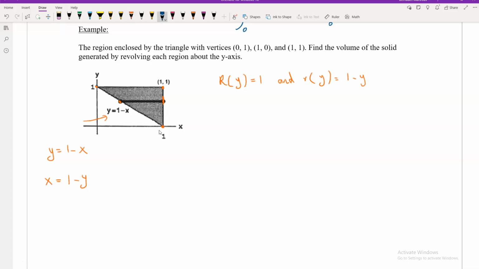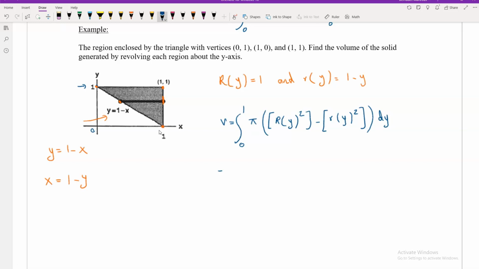Now finding the volume. Volume is equal to, here this is from 0 to 1, so here we have 0 and this is 1, pi times the outer radius squared minus the inner radius squared times dy, because this one is revolving about the y-axis.